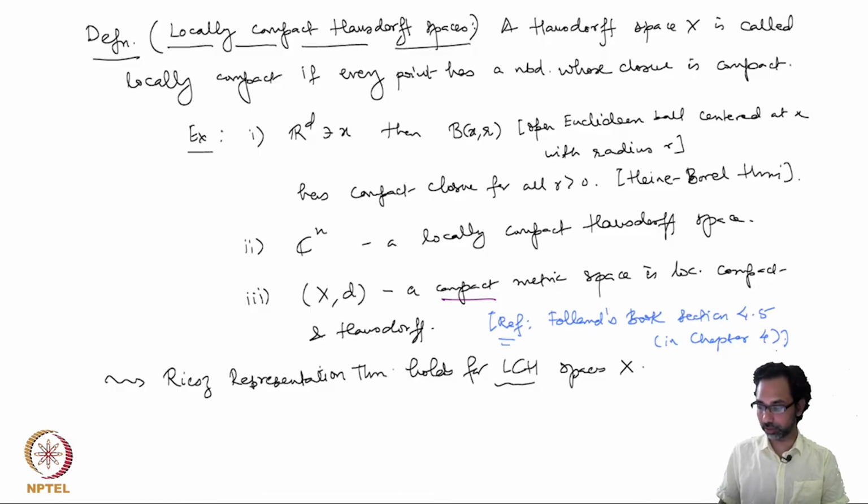Because we won't have time to give all the proofs, for basic facts like Urysohn's lemma, you have to go back and recall for yourself and see the details in this book.